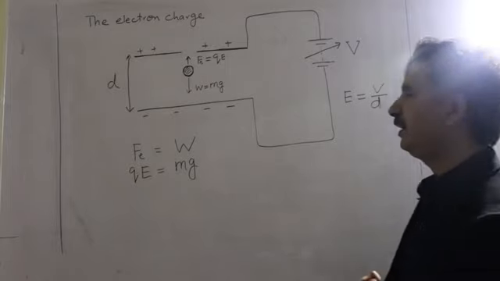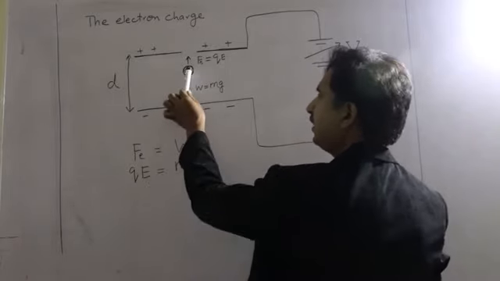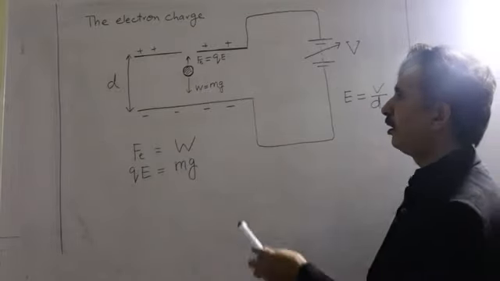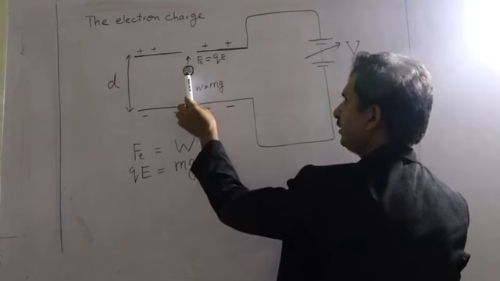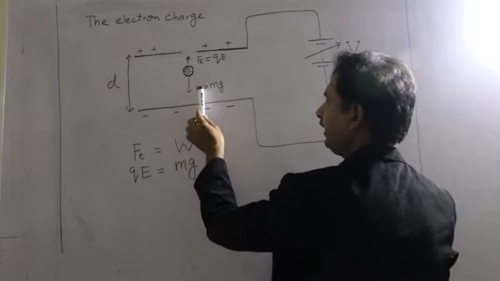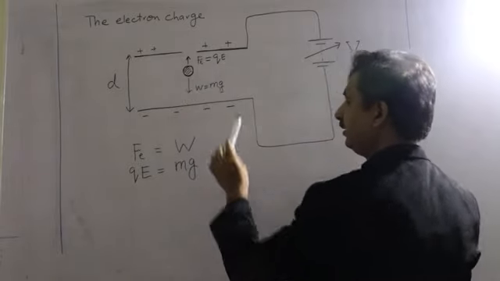Remember, we are taking this force at the stage when the particle is stationary. How did it become stationary? We equated the weight and the upward force Fe.